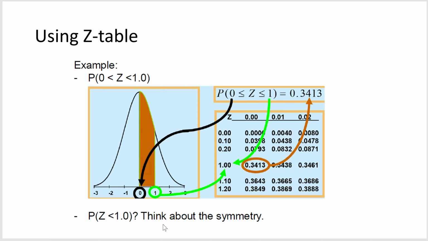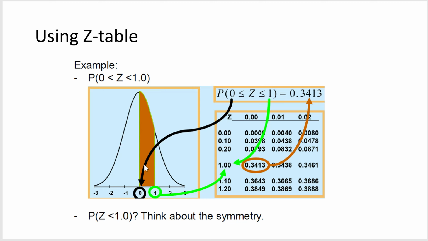What if you want to say less than 1? From here till 1, you want to compute all this area. Now it is really easy because we know that since this is normally distributed, half of it is 0.5 and the other half is 0.5. So if you can find this brown area, you just have to add 0.5 to it.